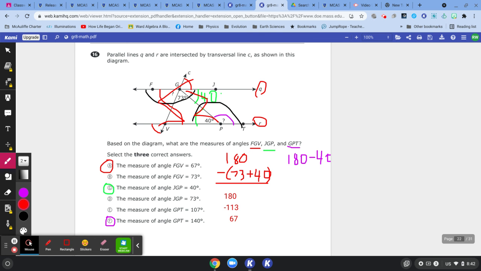You could also have used the triangle here to help you. 73 plus 40, again, is 113. A triangle has 180 degrees contained in it, so this angle here would have been 67 degrees. And if you knew that alternate interior angles would be the same, that would also give you FGV. All right, I'm going to go ahead and stop.